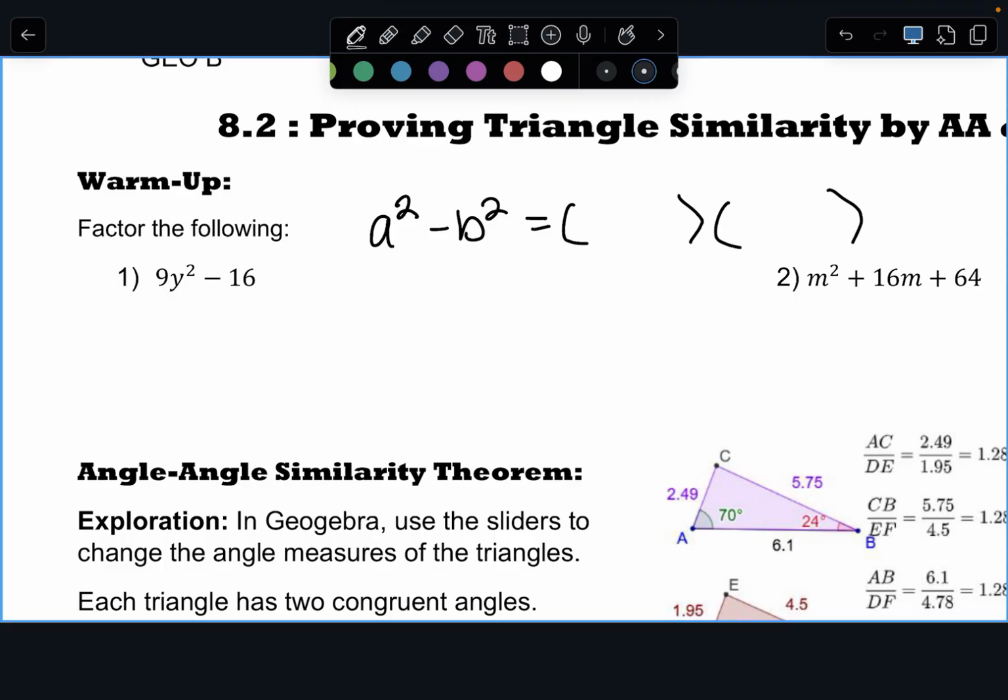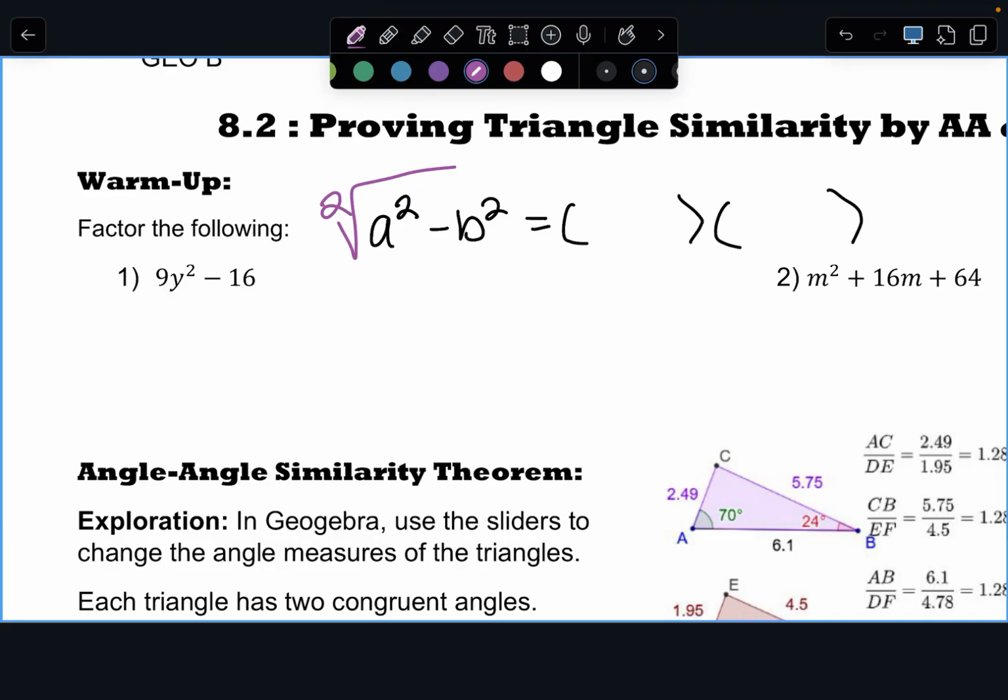where we take the square root of each piece. Does anyone know what the square root of a squared would be? Not 2. The 2's are going to cancel. For square roots, there's like a hidden 2 out here. These 2's are going to cancel.